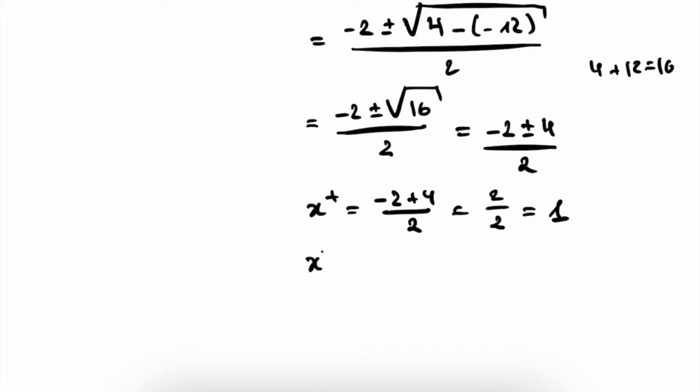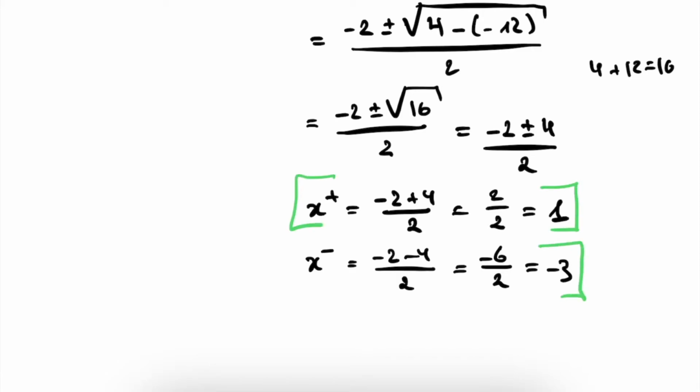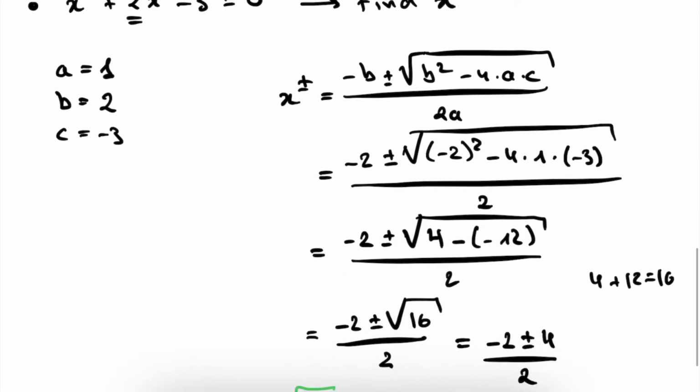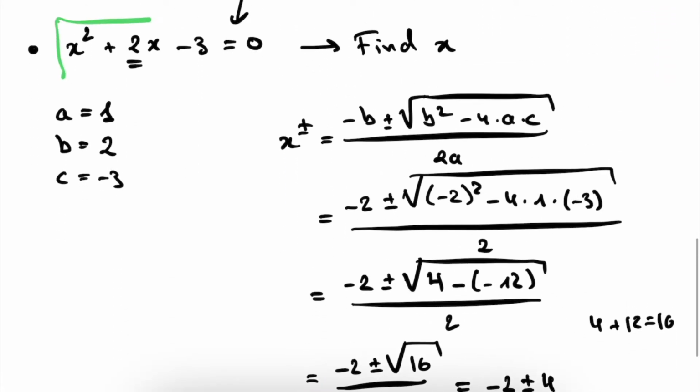In the second solution, if we take here the minus sign, we get minus 2 minus 4 divided by 2 is equal to minus 6 divided by 2 is equal to minus 3. So these are our two answers for x, that if we fill them in our original equation here, we get indeed 0.